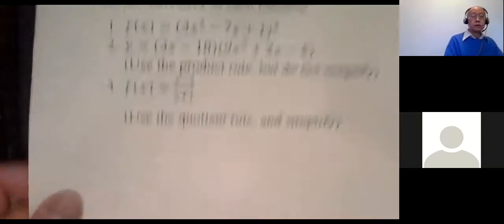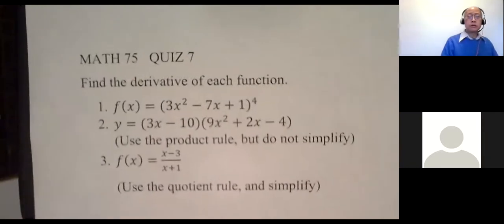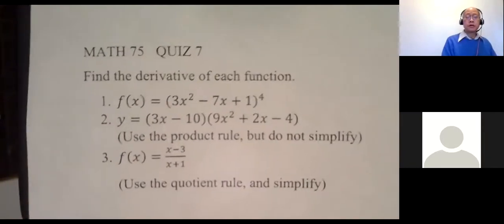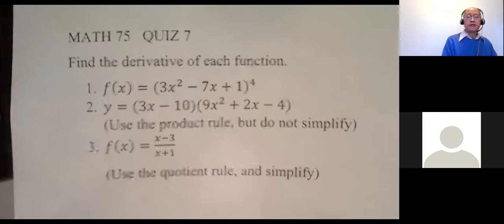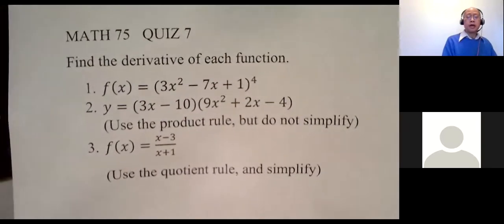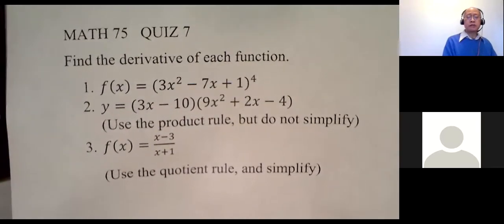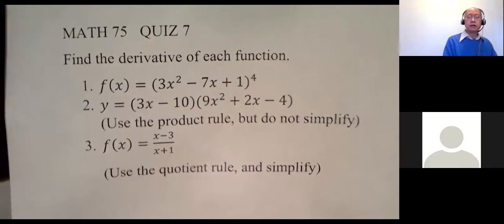Okay, so let me get the quiz. Get your cell phones for picture or be able to do a screenshot. And then I'll set you in your breakout rooms as usual. Okay, so here we go. Hopefully you can see it. Find the derivatives. Number one, f of x is (3x squared minus 7x plus 1) to the 4th power. That looks like a chain rule.